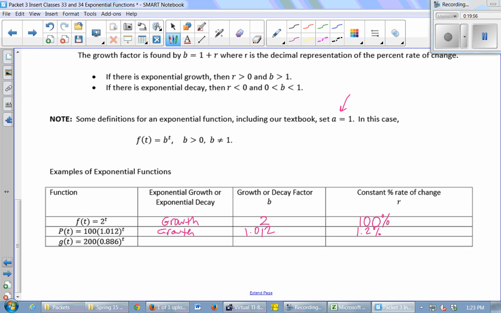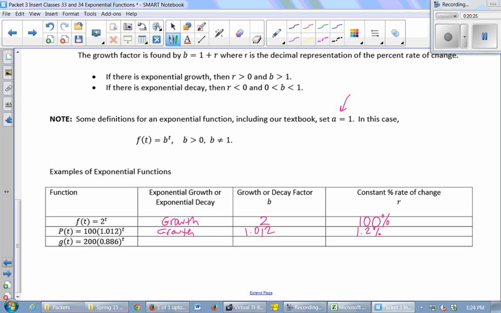The 1 in the growth factor represents that you get to keep 100% of what you had, and 0.012 represents the additional percent growth over and above what you had before. So 0.012 corresponds to 1.2%. You just moved the decimal 2 to the right.